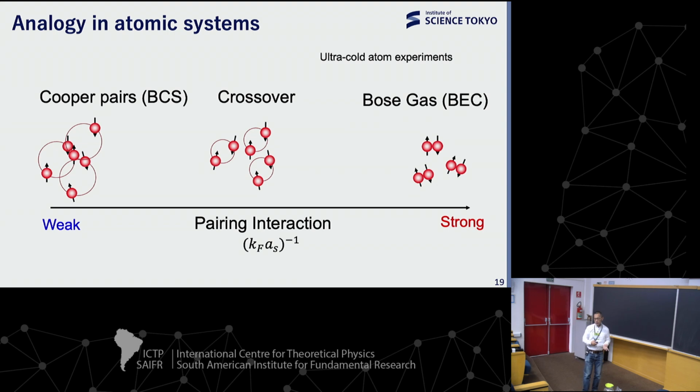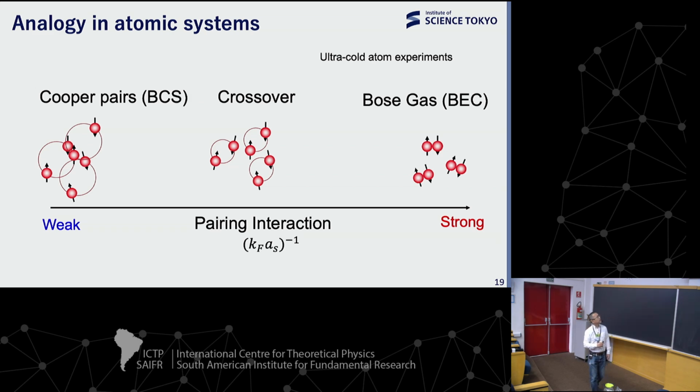So we have some analogy of this kind of neutron-neutron correlation with atomic systems. In atomic systems, using cold atoms, they can actually tune the interactions between particles, Fermi particles, from weak coupling to strong coupling.